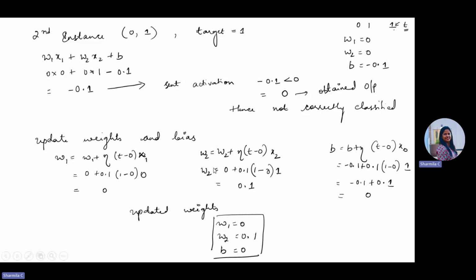Now with this, we'll take the third instance. The third instance from the truth table is 1 and 0, that is X1 and X2. When we take the OR function, when it is 1 and 0, the target output is 1.